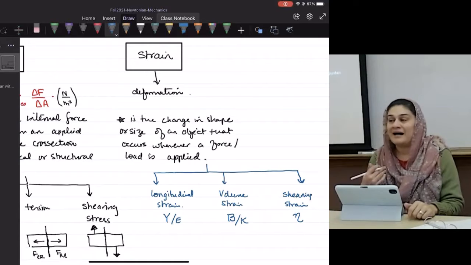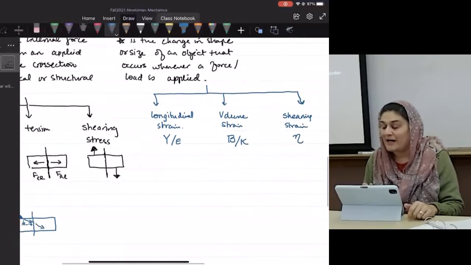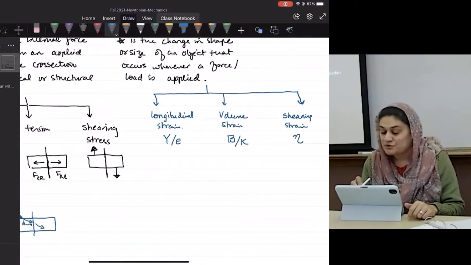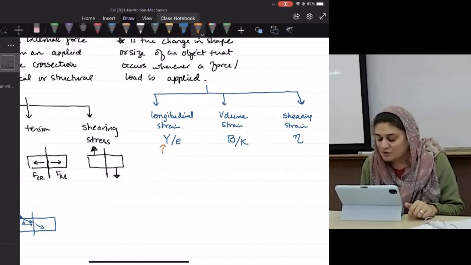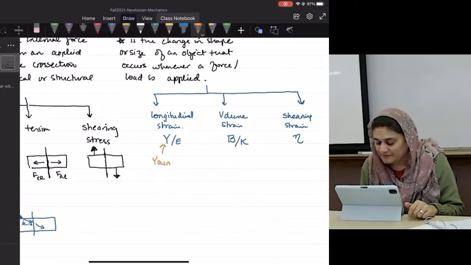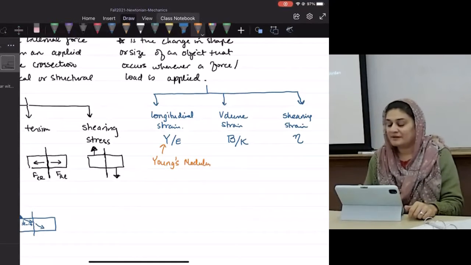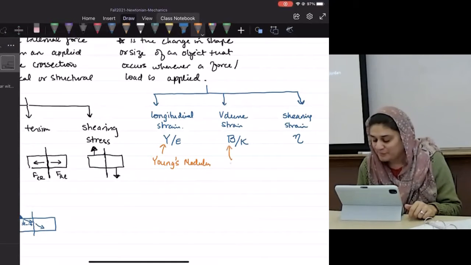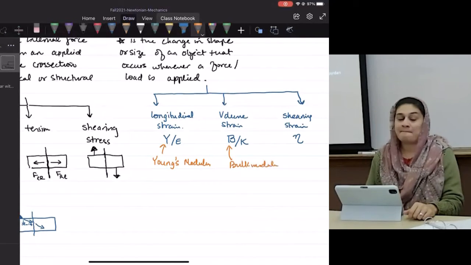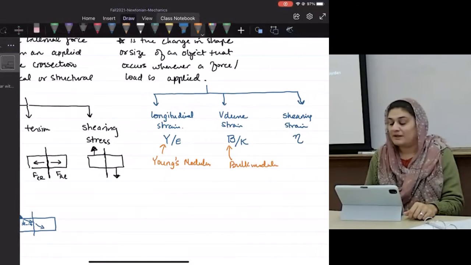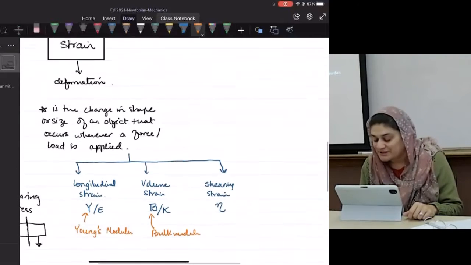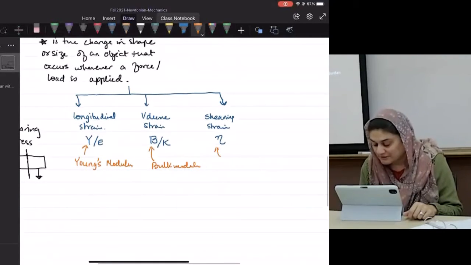The reason why I think of these as Y and B's is because Y is called Young's modulus, and B is called bulk modulus. And eta is called rigidity modulus.